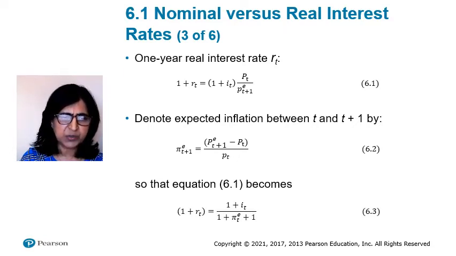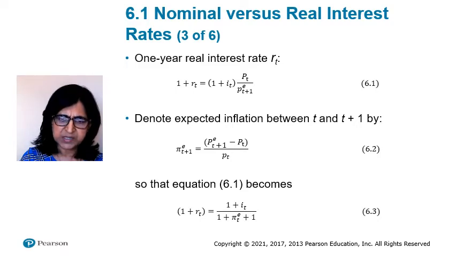Equation 6.2 says the expected rate of inflation equals the expected change in the price level between this year and the next year divided by the price level this year. Using equation 6.2, rewrite P_t over P^e_t+1 in equation 6.1 as 1 over 1 plus pi^e_t+1.